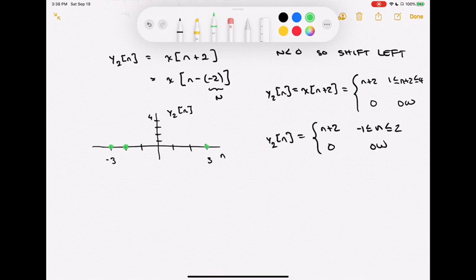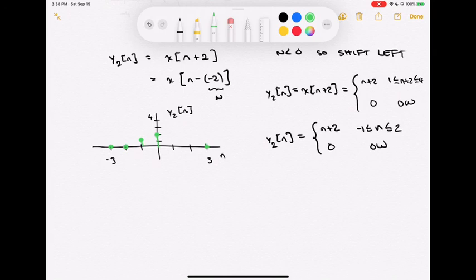At minus 1, what's the value of y2 in there? I'm just going to put in my n plus 2. What is n? n is minus 1. So minus 1 plus 2 is just 1. So at my value minus 1, I'm going to get a value of 1 out. Go ahead and go to 0. Put 0 in there. 0 plus 2 is 2. So I'm going to get 2 at 0. Go ahead and look at 1.